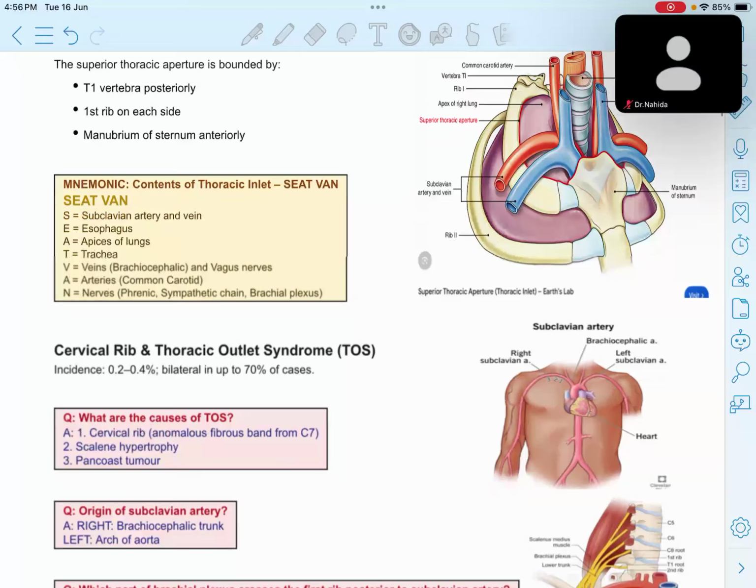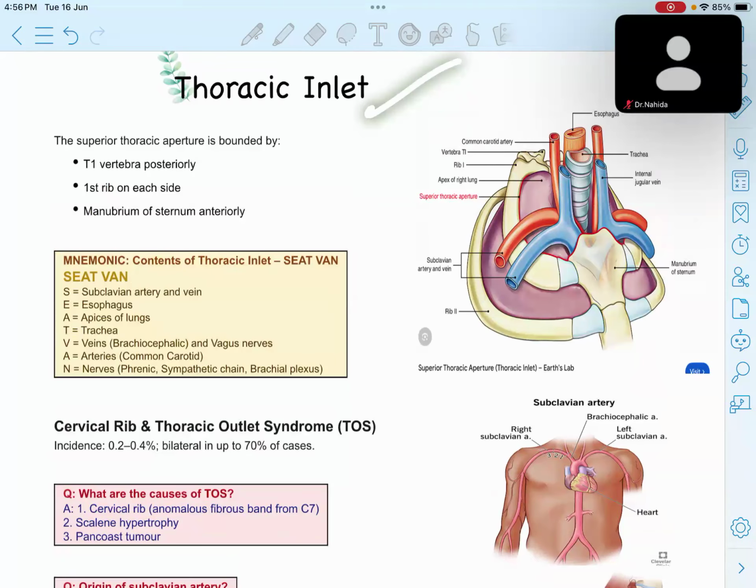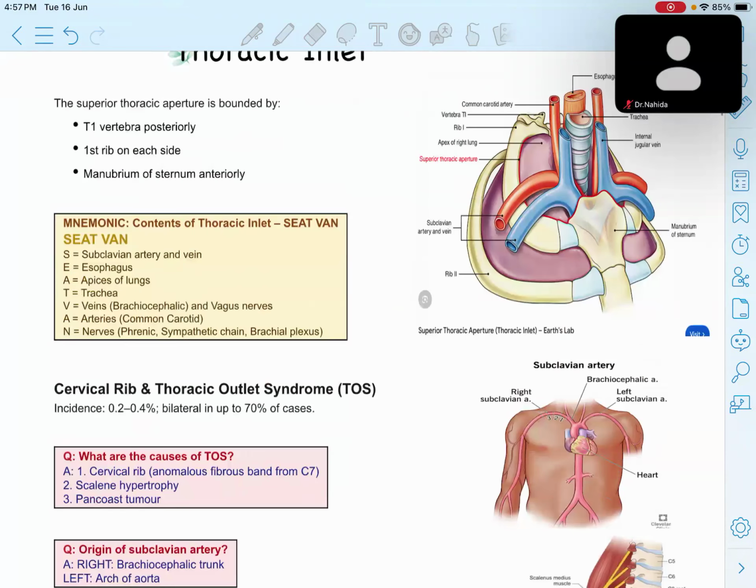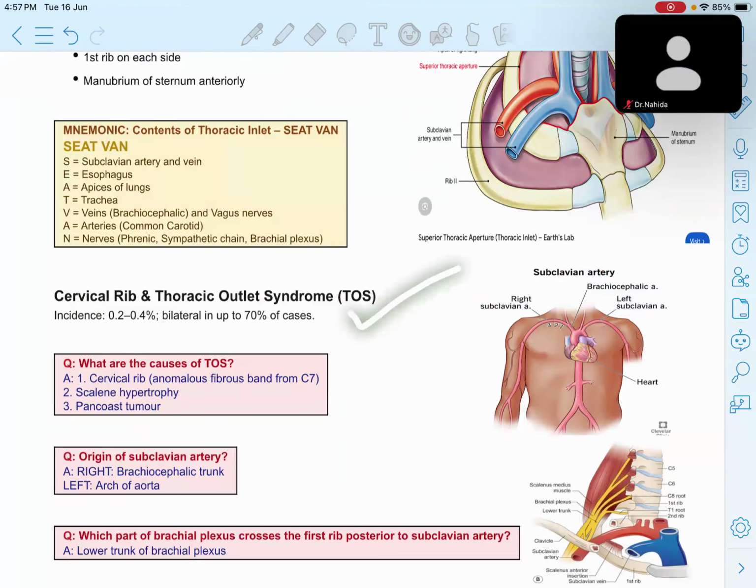So jump to the next topic. It is thoracic inlet. It is also not a so high yield topic, so I won't discuss it more. Just from here, you have to go through the thoracic outlet syndrome.